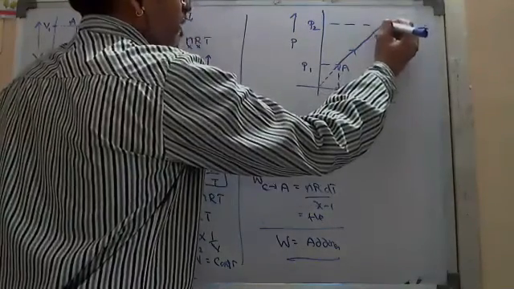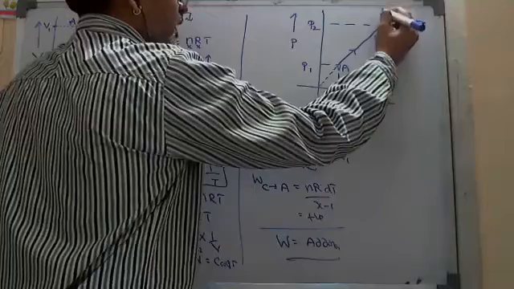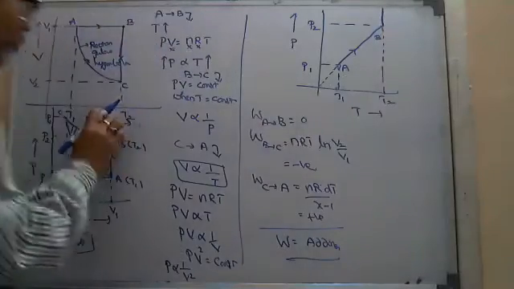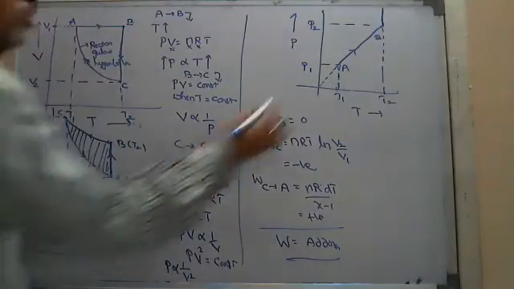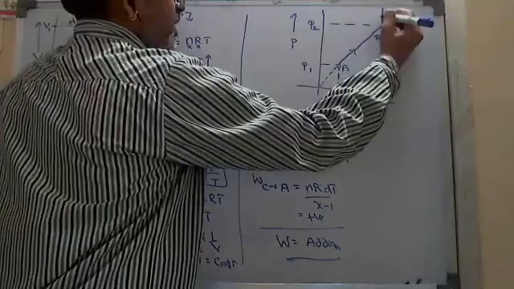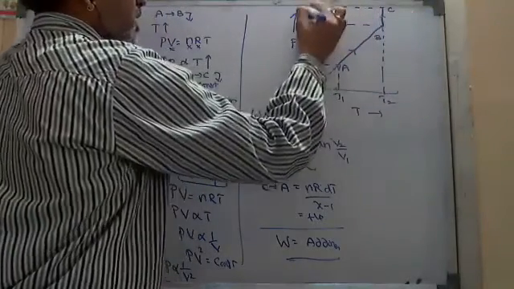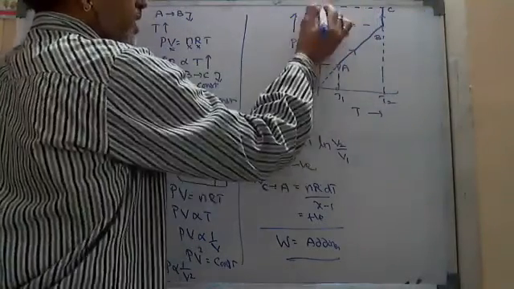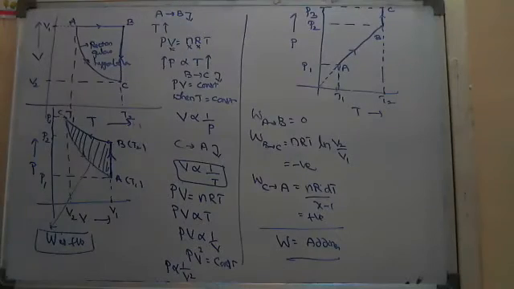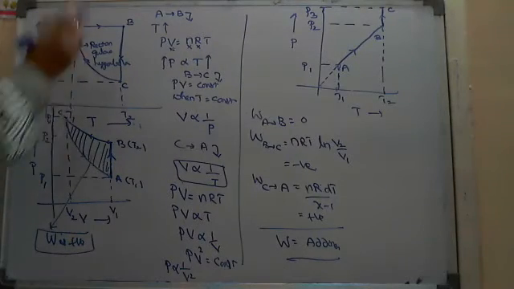Pressure should be increased from here. Temperature constant means at T2 it is constant. At T2 we have to take a graph like this from B to C up to a pressure say P3. B to C it is going up, not down.